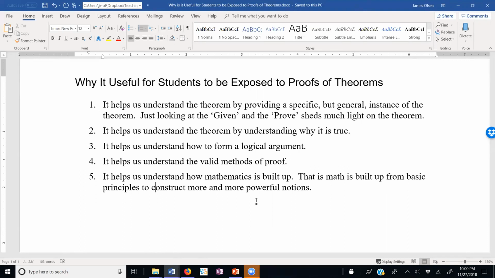Now, most of the proofs we've done in this course are direct proofs, but there are other methods of proof, such as proof by math induction or an indirect proof. And finally, number 5, looking at a proof helps us understand how mathematics is built up. That is, math is built up from basic principles to construct more and more powerful notions. And mathematicians are still doing that to this day, taking known theorems and developing additional theorems.